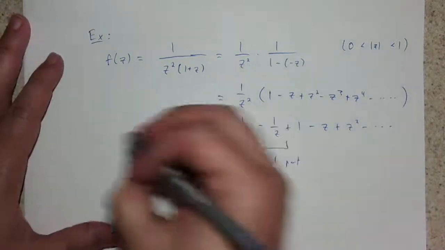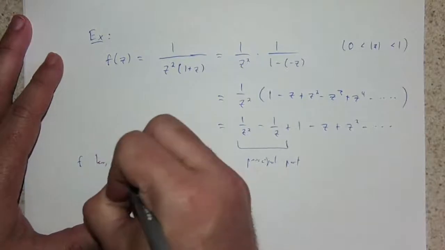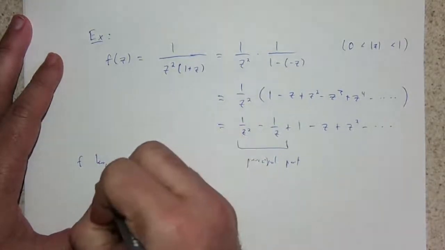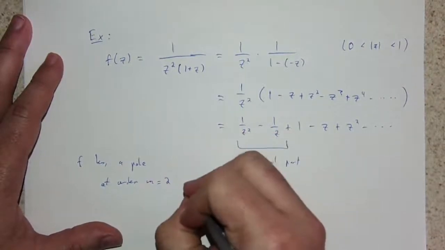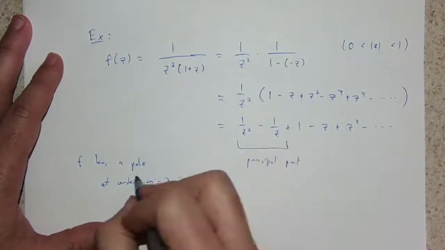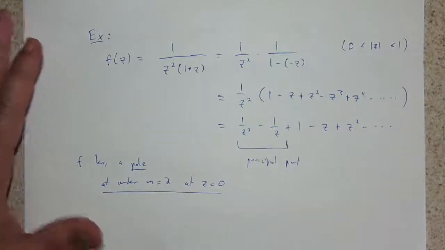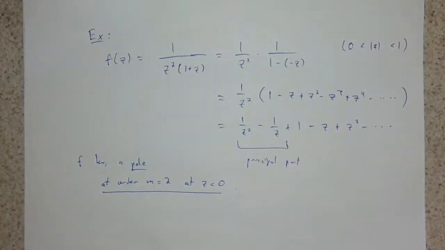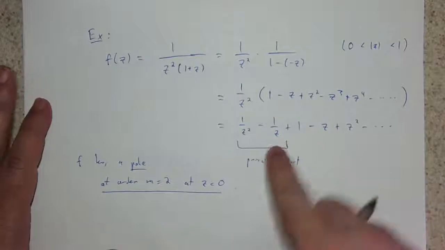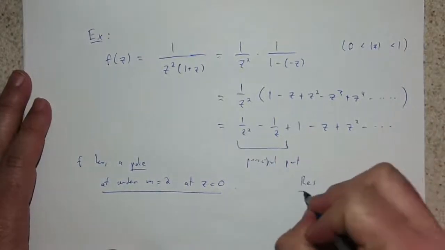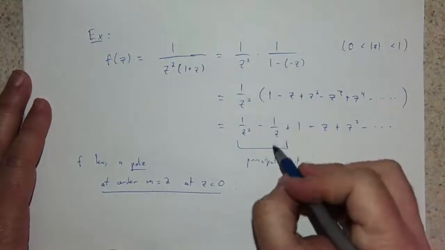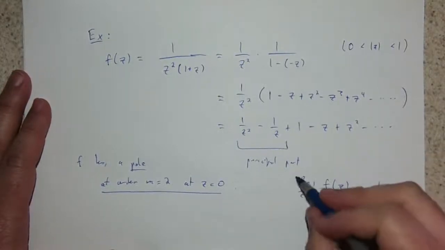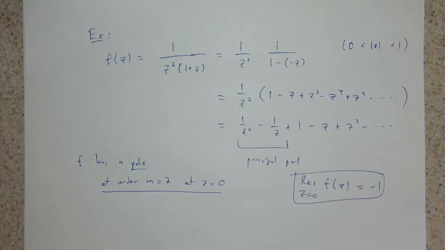Okay, and so F has a pole of order m equals 2 at the origin, z equals 0. Of course, you can also notice, just for practice, the residue here of F is the coefficient on the 1 over z term, which is minus 1.